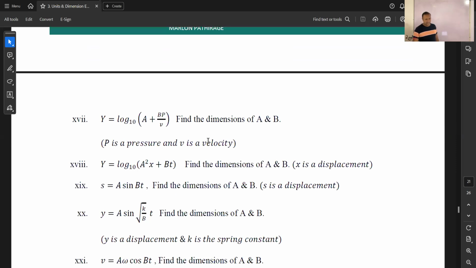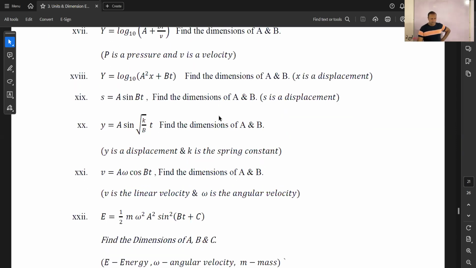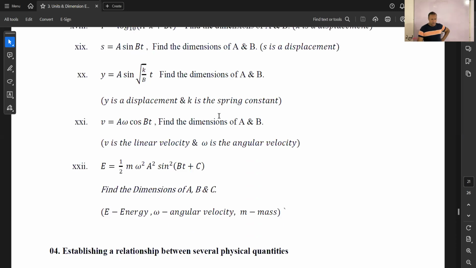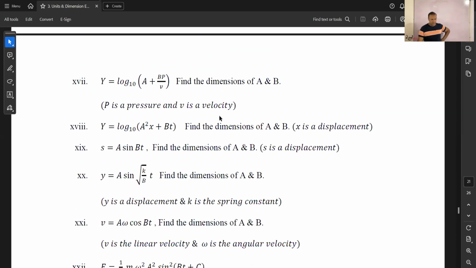Now we have to discuss from 16 to 22, no? 17 to 22.